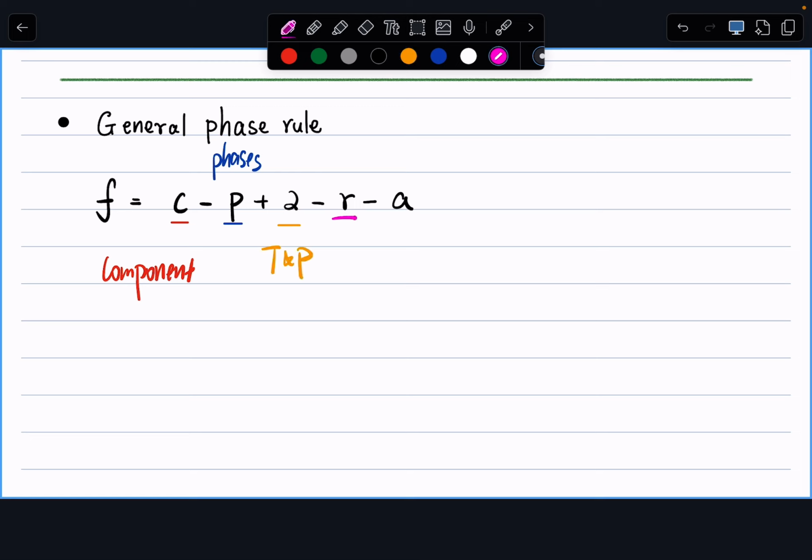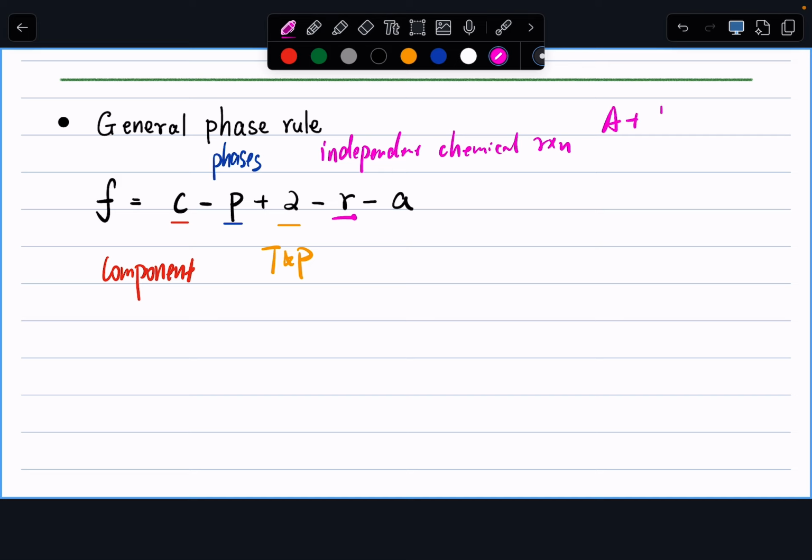And we have R, the independent chemical reactions. An independent reaction just cannot be an addition of different reactions.